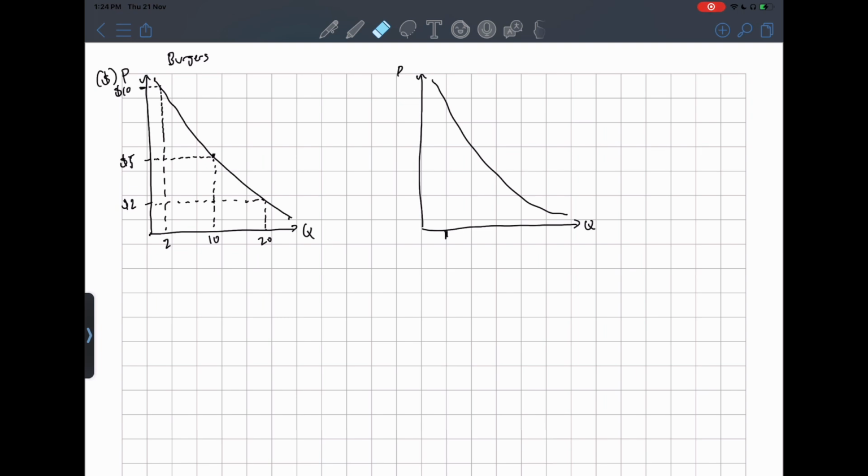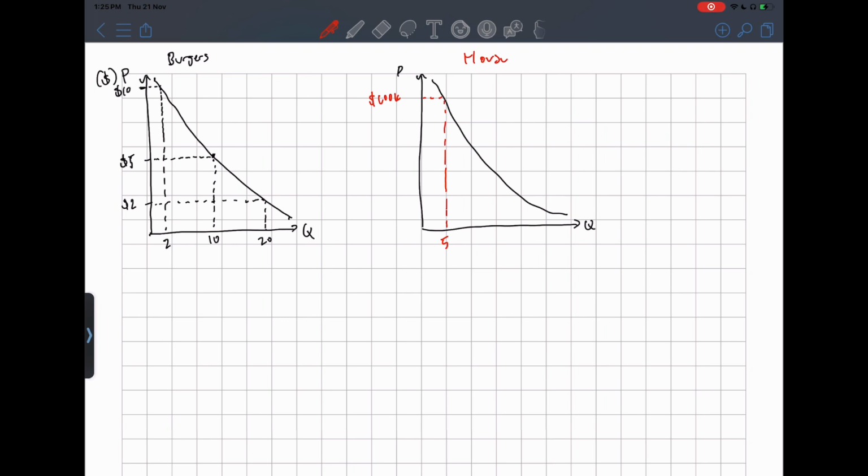Now let's remove this and talk about a different market for our third non-price determinant: future price expectations. Let's say it's for a house. Previously, at $100,000, our demand for a house is pretty low. Let's say only 5 units are demanded.